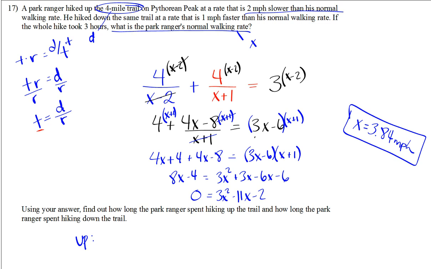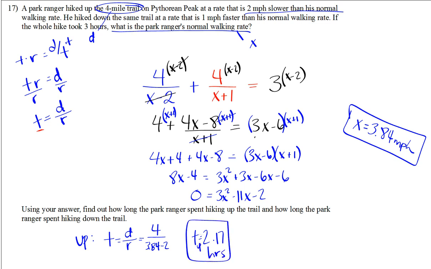So up, time equals distance divided by rate. So the 4 miles, and then his rate was 3.84 minus 2, so 2 miles an hour slower than his normal walking rate. 3.84 minus 2 is 1.84. So on the way up, it took him 2.17 hours.